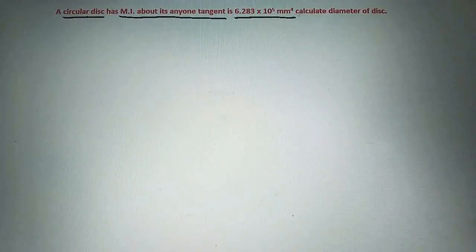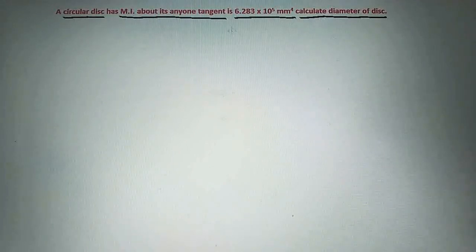The question is, a circular disc has moment of inertia about any one tangent of 6.283 into 10 raised to 5 mm raised to 4. Calculate the diameter of the disc.